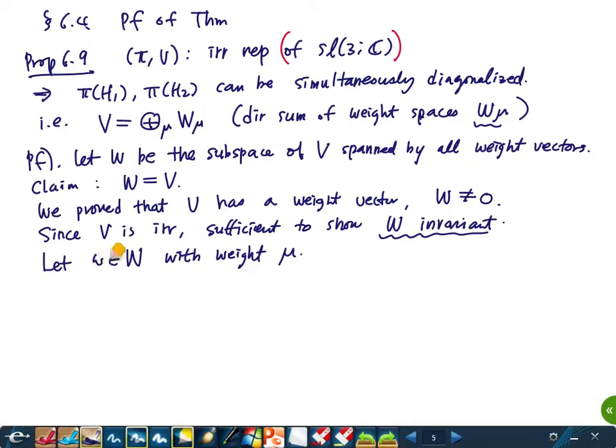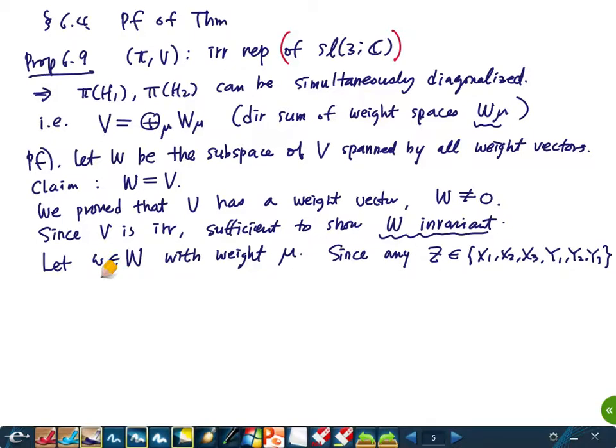So let's say we have a weight vector with weight mu. Let's consider any root vector, x1, x2, and so on. Basically we have to consider all basis elements of SL3, but we don't really need H1 or H2.